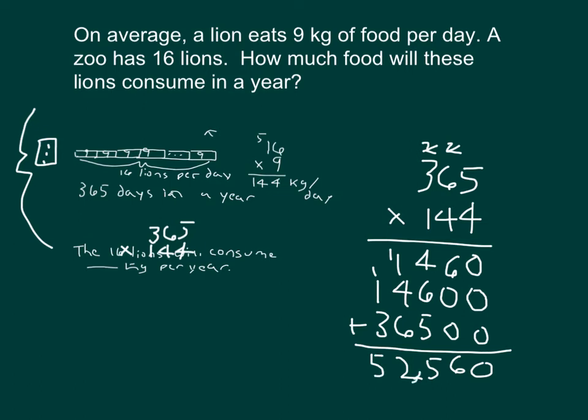So I have that product as 52,560. I can put that over there so that the 16 lions will consume 52,560 kilograms, and it really should be of food per year.